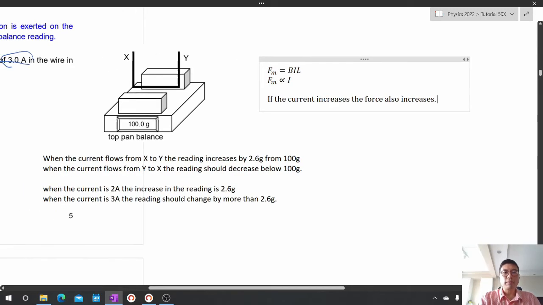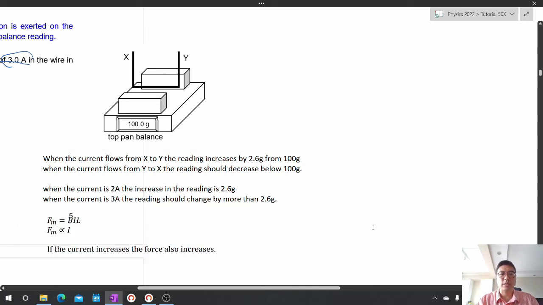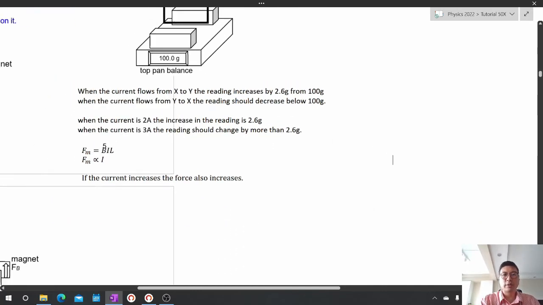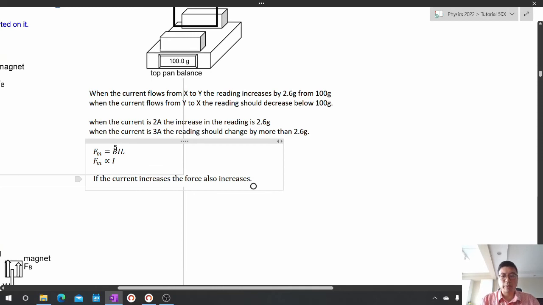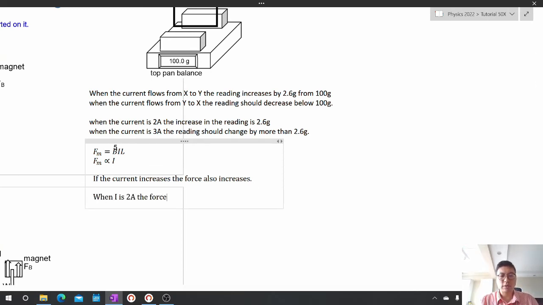If the current increases, the force also increases. So we can use a ratio method to look at this question. When I is 2 amps, the force is equivalent to a reading of 2.6 grams.